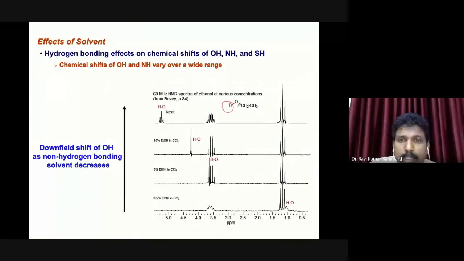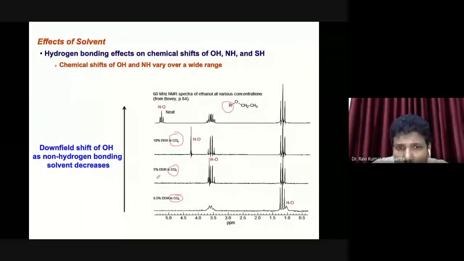So we will always see a broad spectrum rather than a sharp split spectrum. That is one thing. And in this case, the solvent is CCl4 in all the cases, but the percentage of ethanol is changed from 0.5% to 10%.